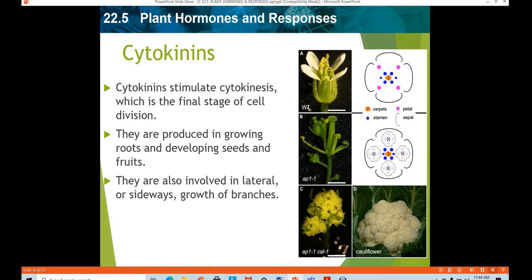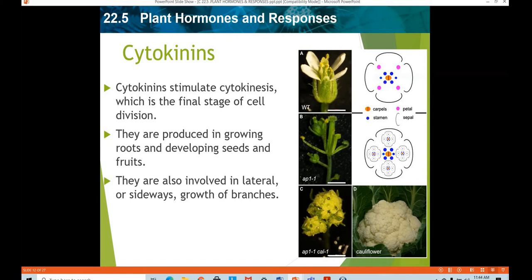Okay, so all the florists who sell flowers and leaves and make pretty flower bouquets spray these cytokinins on those bouquets so that they stay fresh for longer. The leaves stay green for a longer period of time without drying up.